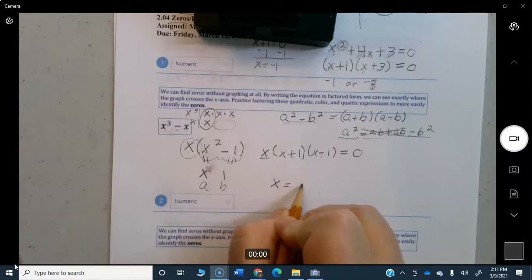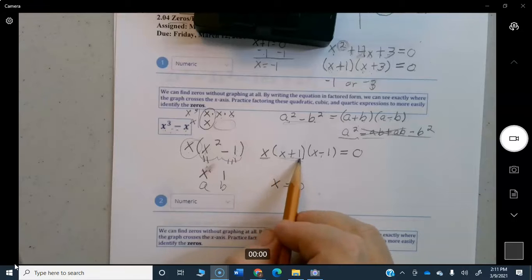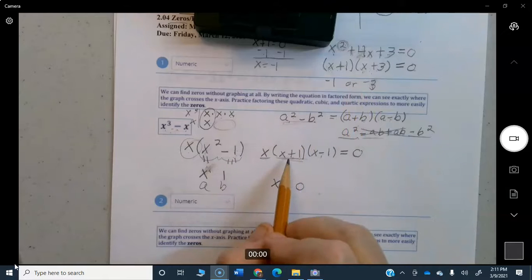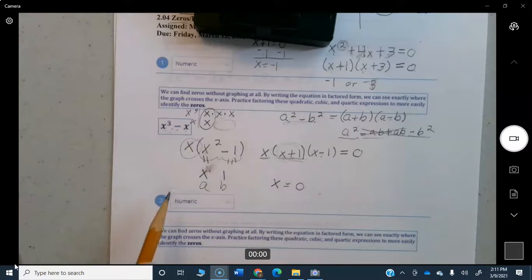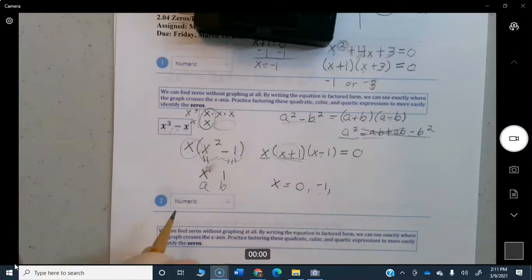So that's one of the zeros for this equation. What about this? What would make this term go to 0? Well, if it's negative 1, just like the example up there, negative 1 plus 1 is 0, so if this goes to 0, the entire equation goes to 0. So negative 1 is another zero, or solution or root of this.